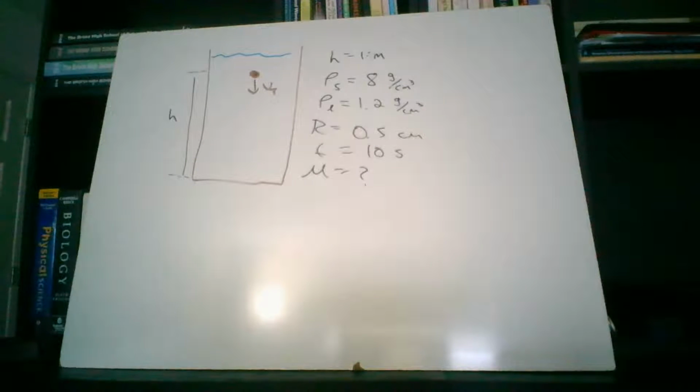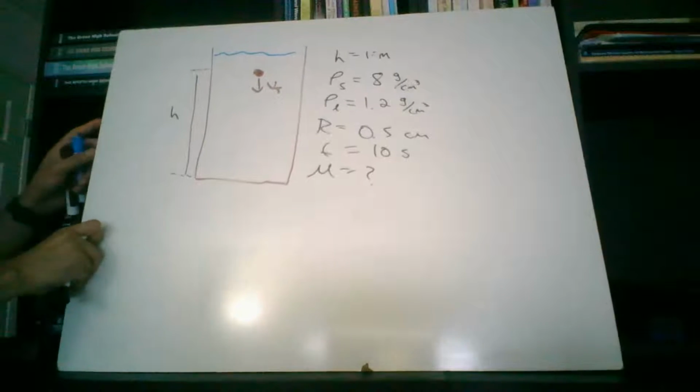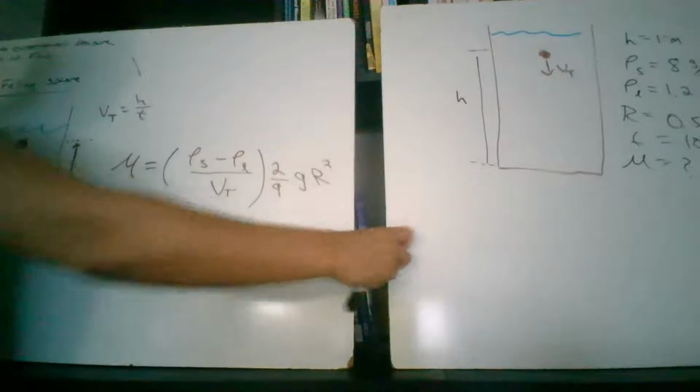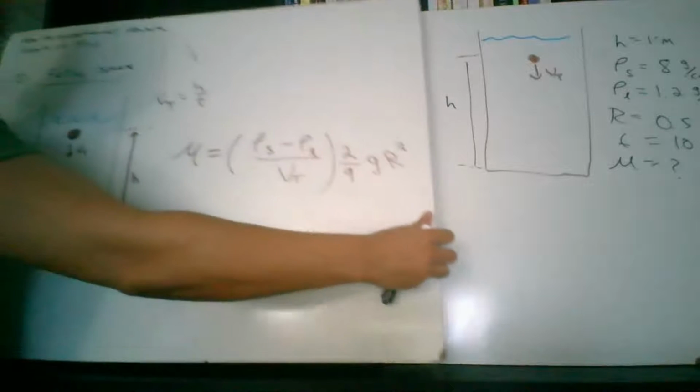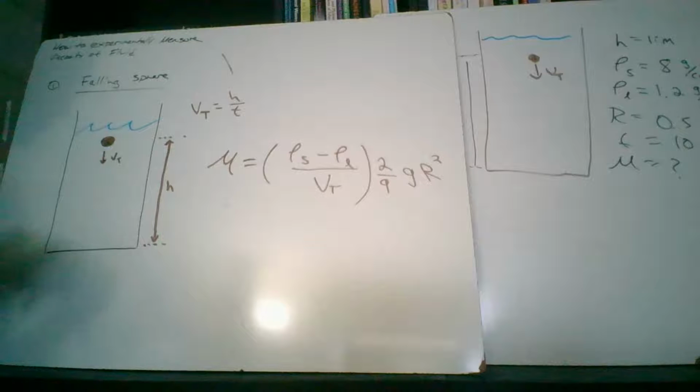In this example, you just plug it into the equation that we had written before. That shouldn't be too bad. Let's go back to our equation, which is given by this right here, and all you do is substitute values in and solve.